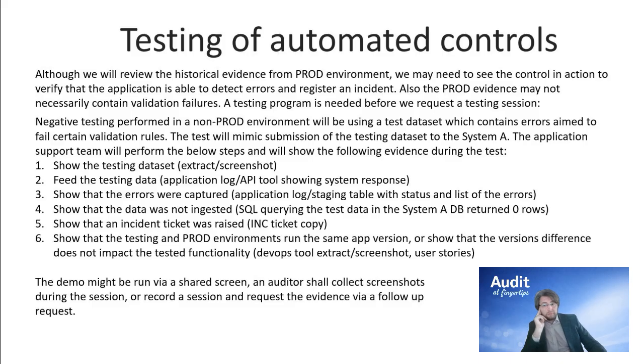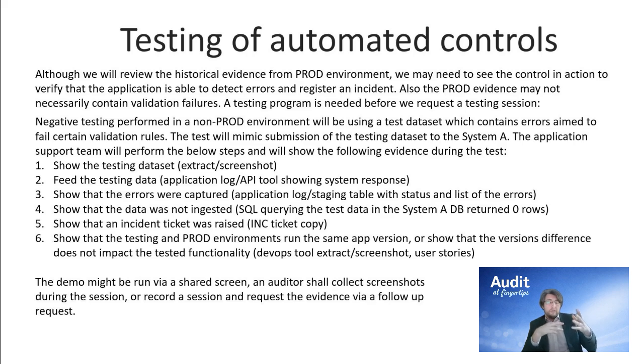Every step in the program should be documented with at least one artifact, right? So in our case, we need to see the data set to be fed. It should be a screenshot or an extract. We need to see how the testing data is being fed, so we submit the data to the system. We want to see the application log that has a record that the data was sent. We want to see the errors that were captured.